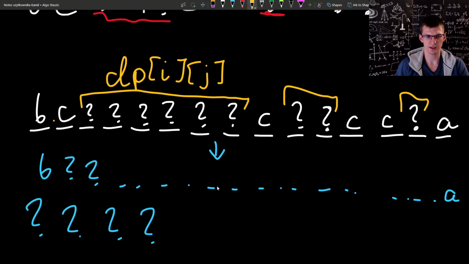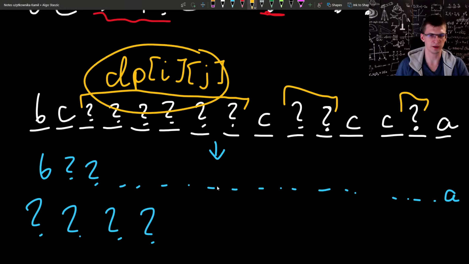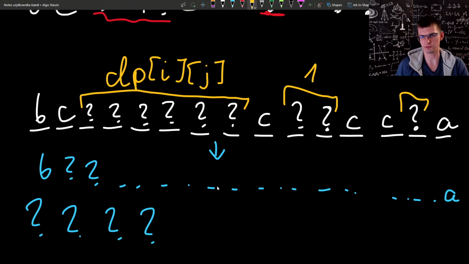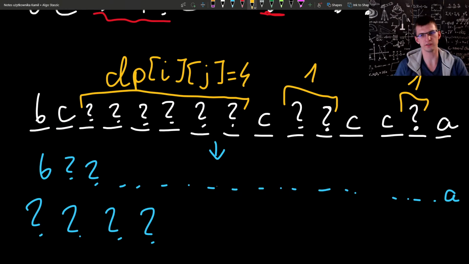And then I will say from this index up to this index, oh, this can be done with maybe 4 operations, this can be done with 1 operation, this can be done with 1 operation. Then in total I need 6 operations here, plus 1 final operation to do this. So dp of this long interval can be 4 plus 1 plus 1, the sum of those 3. This is 6, plus this operation. In total, 7.